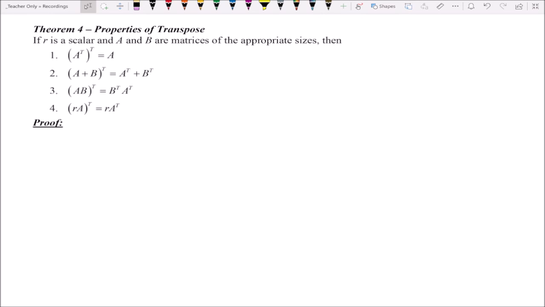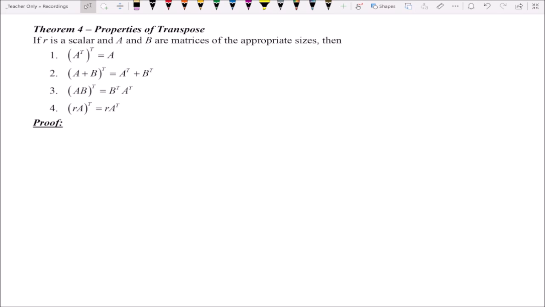A times B transpose is B transpose times A transpose. So if you're taking the transpose of a product, what we're going to do is reverse the order of the product and take the transpose of each matrix. Then rA transpose is just r times A transpose.